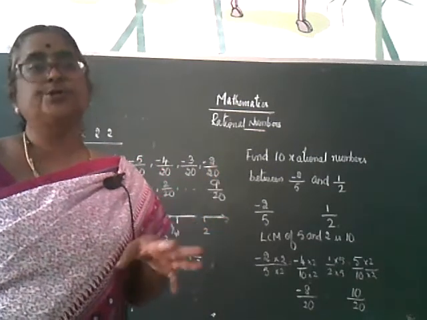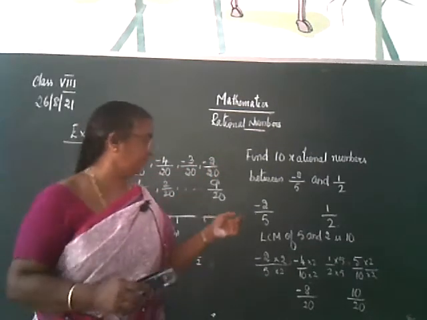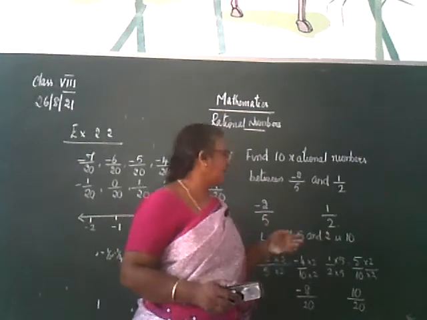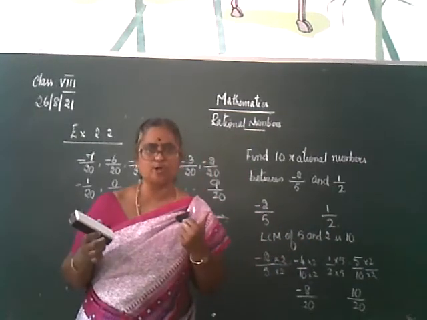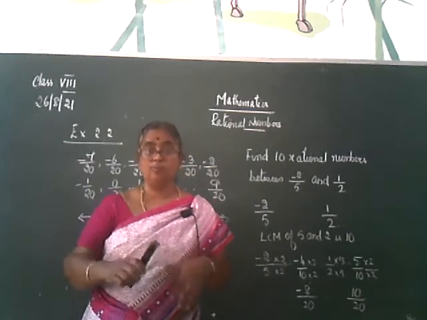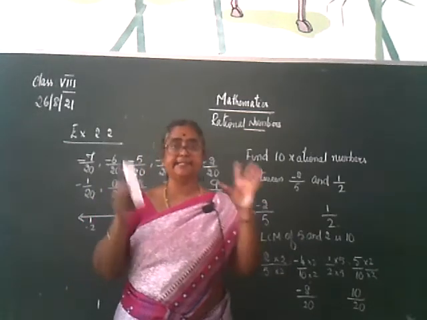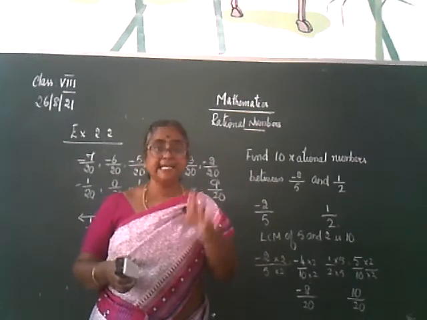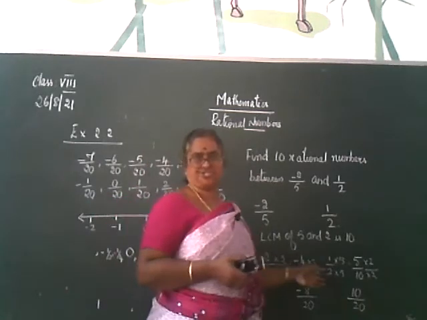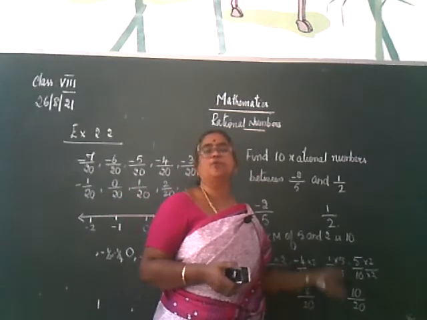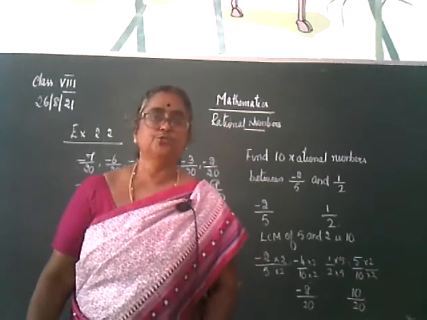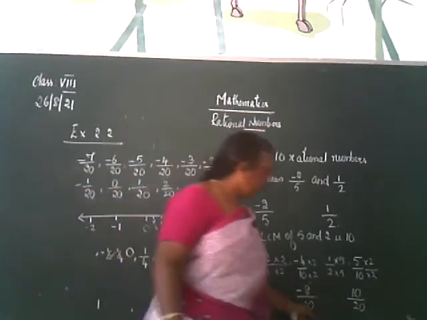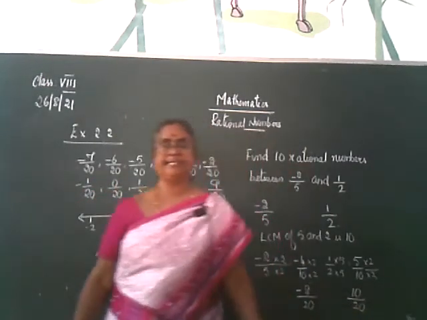Understood now? If I take the LCM of 5 and 2, I got only 8. So to get 10 rational numbers, I must change. Again I multiply both numerator as well as the denominator by 2, so that the denominator becomes the same, 20.